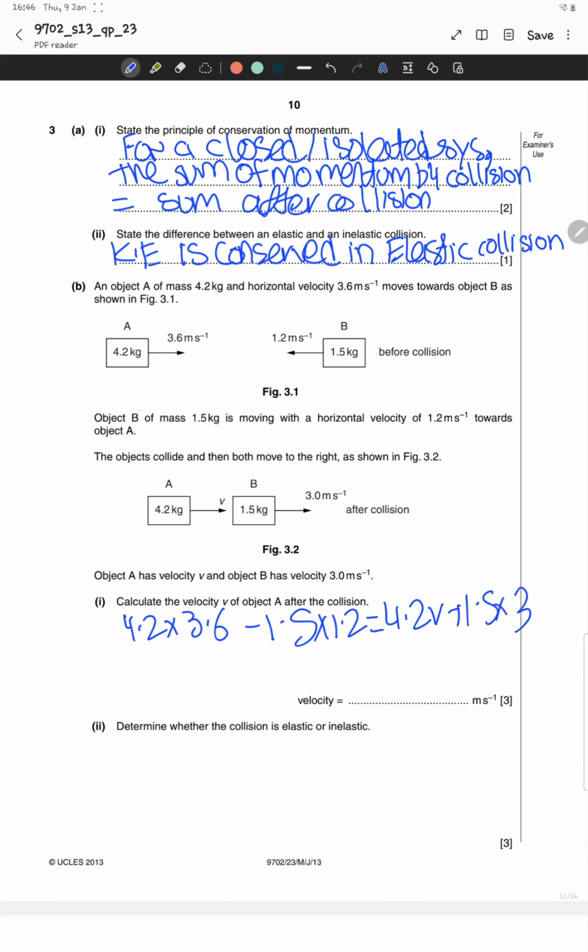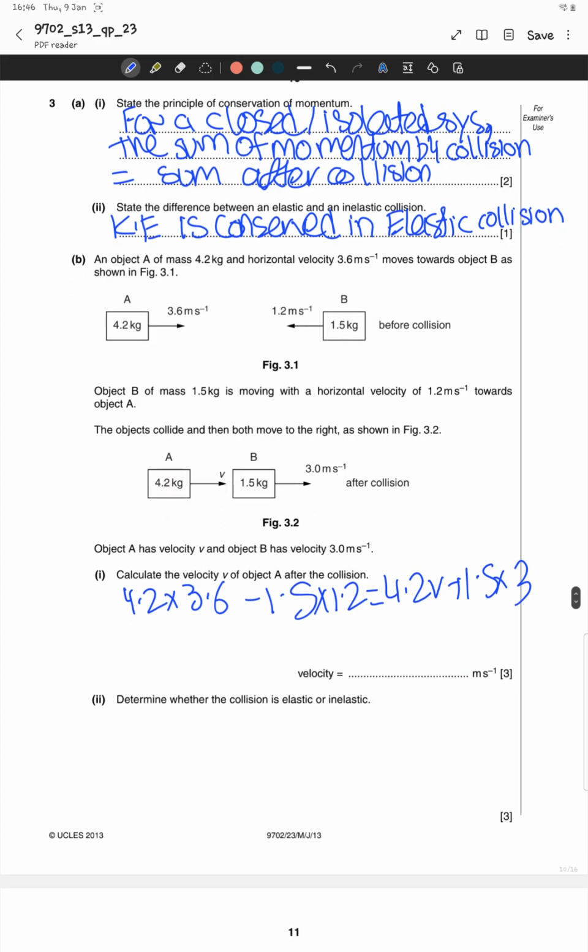So just calculate this, minus 1.5 times 3, and then divide by 4.2. So we have velocity as 2.1.